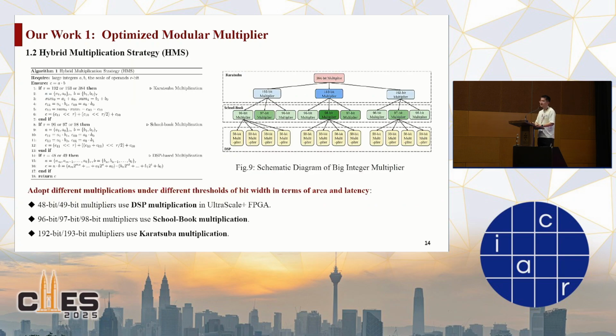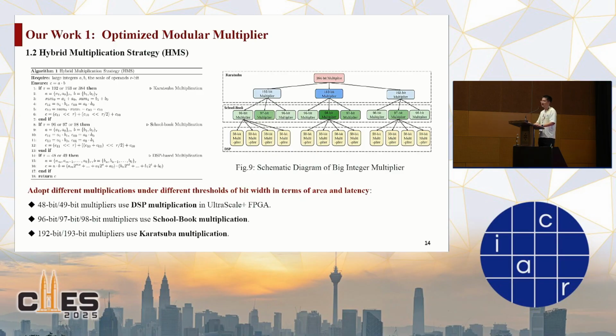Based on these features, we proposed a hybrid multiplication strategy. In short, this strategy adopts different multiplications under different thresholds of operand size in terms of area and efficiency. The structure of our big integer multiplier is shown in figure 9.